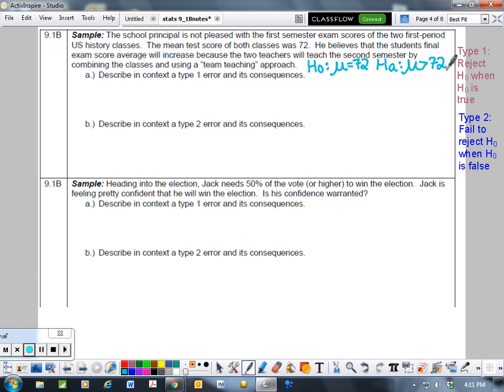So the first one, we reject the null hypothesis and determine the scores are higher. And of course, this is on average. The average scores are higher than 72, when really they're not.